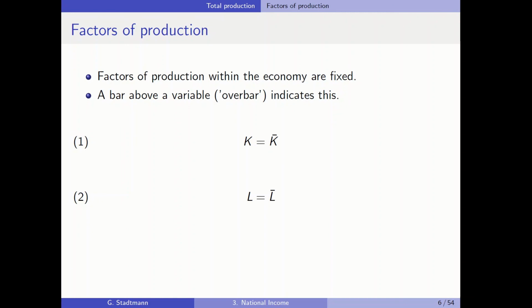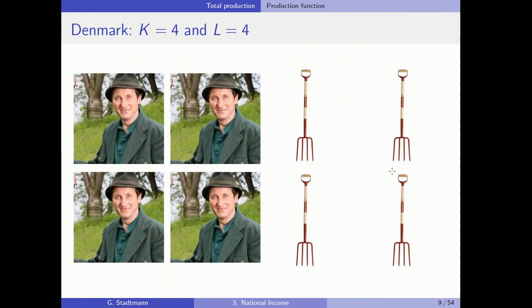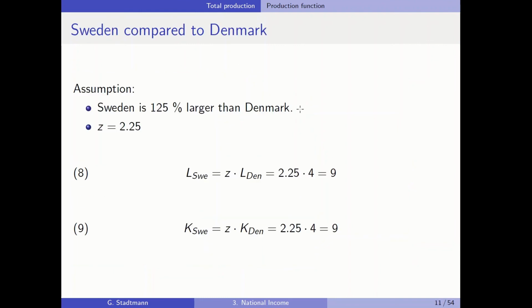Of course, capital and labor are not constant in the single firm we are looking at, as the manager of the firm has to optimize labor input and capital input. We also learned about the production function, and this production function has special characteristics like constant returns to scale. We demonstrated that by looking at the country example Denmark versus Sweden.